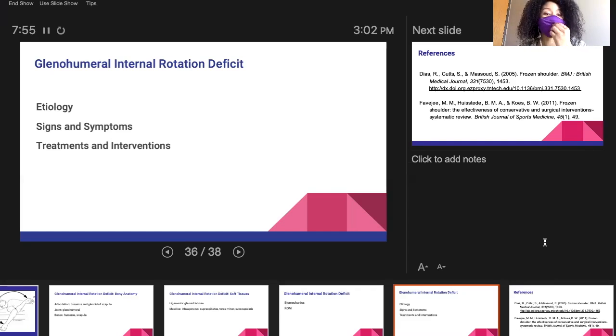Signs and symptoms of glenohumeral internal rotation deficit. You're going to have pain, and it's not going to be specific to any certain area of the shoulder, but the pain is more so going to localize to the posterior, the back of the shoulder. A sign of this is something they call SICK scapula, which involves a scapular malposition where your scapula is not sitting exactly where it's supposed to.